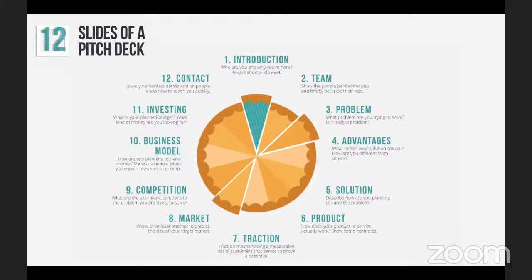And this slide now is the slide that investors would find very, very important, the slide that they are most keen on. So investing, how it is that you are planning to spend the money.